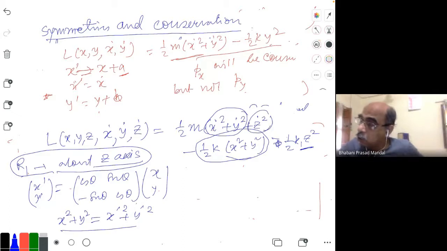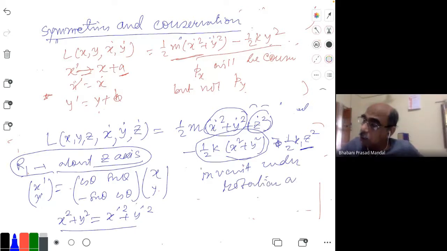So this Lagrangian is invariant under rotation about the z axis. So I can immediately say that mz will be conserved for this.